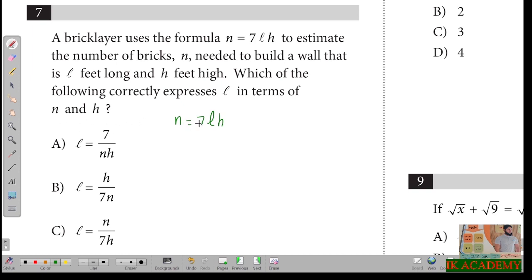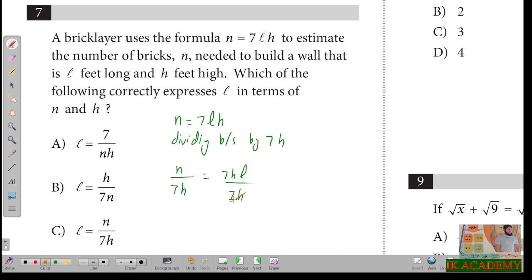So we have to express L in terms of N and H. Simply, we can do some algebra here. Dividing both sides by 7H, it will be N by 7H is equal to 7HL by 7H.